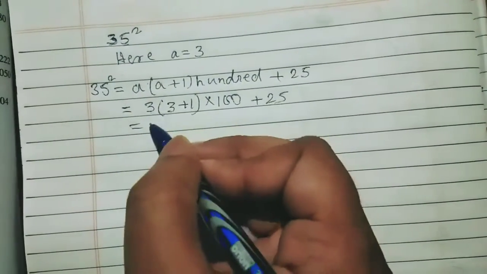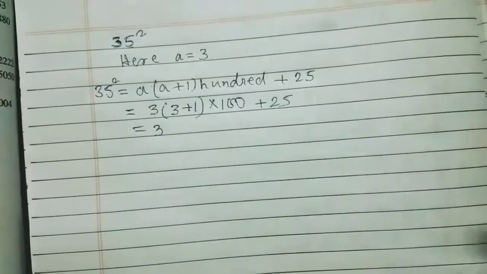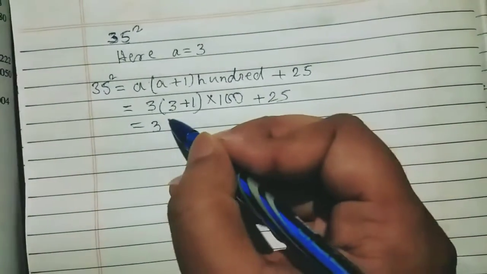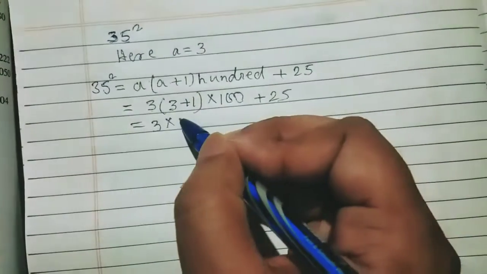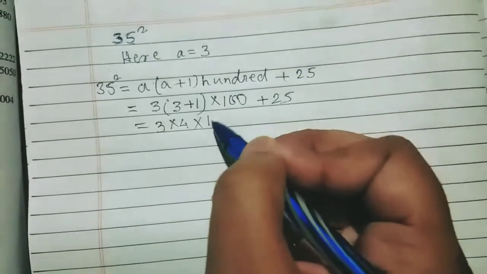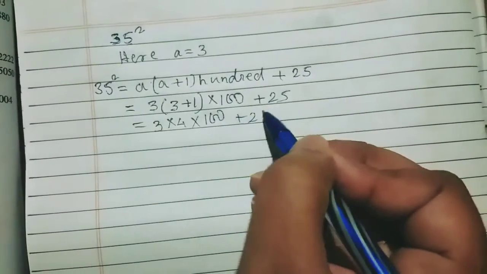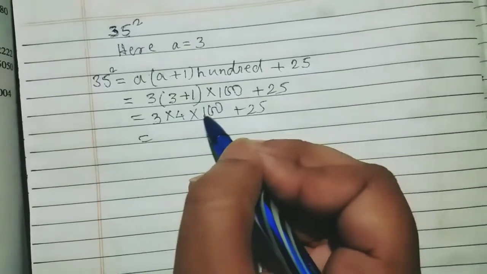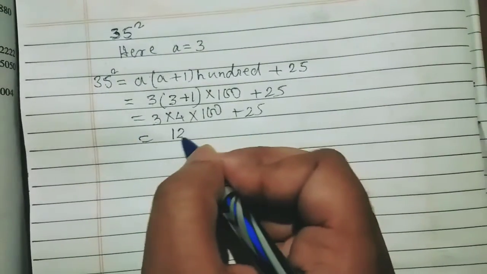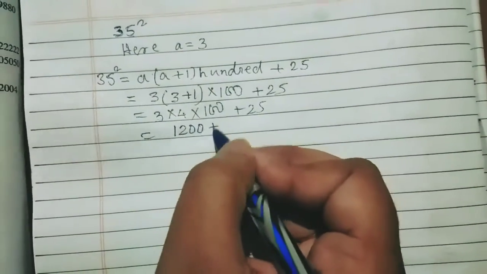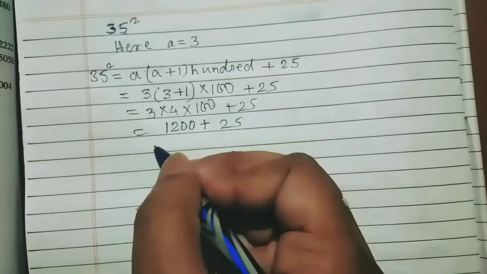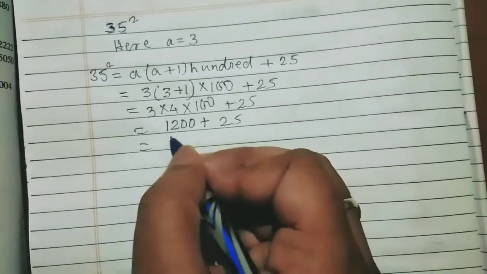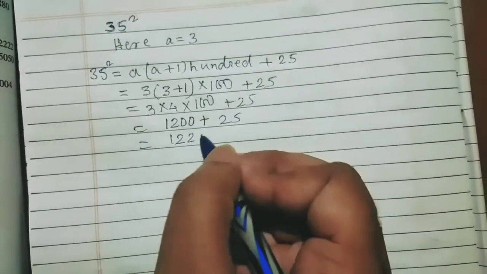So 3 into 3 plus 1, that is 4, into 100 plus 25. 3 into 4 is 12, and 12 into 100 is 1200. Then 1200 plus 25 is 1225.